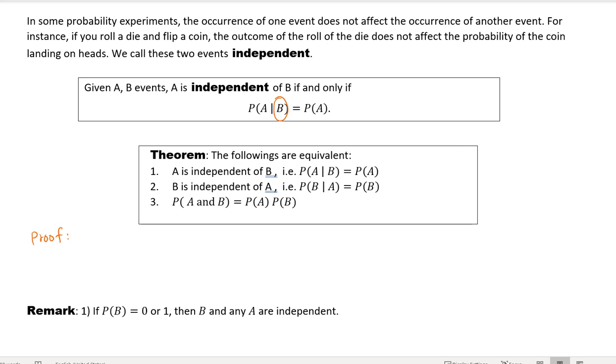First, I'm going to prove statement 1 is equivalent to statement 3.